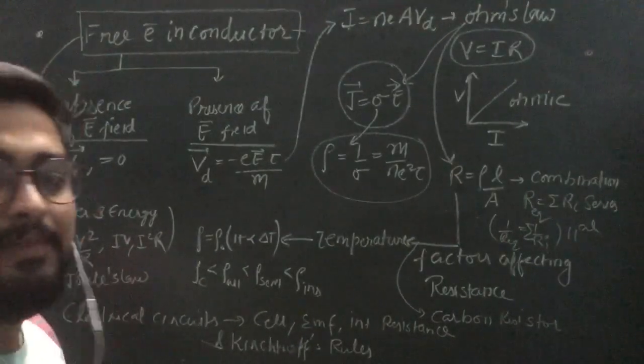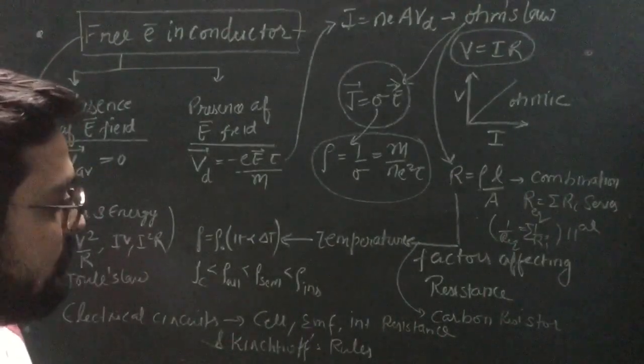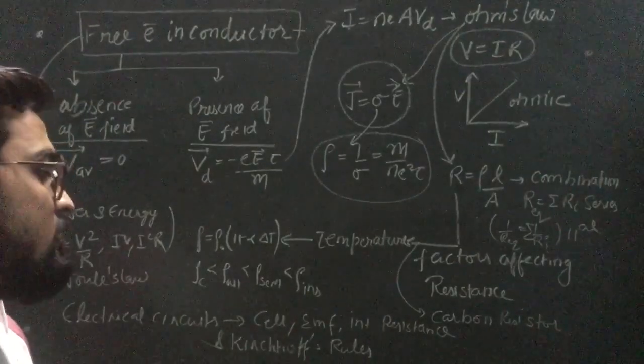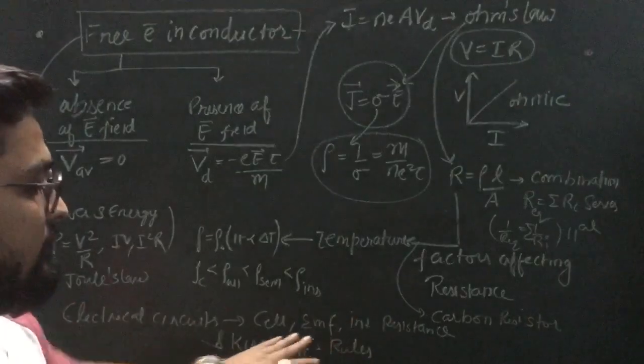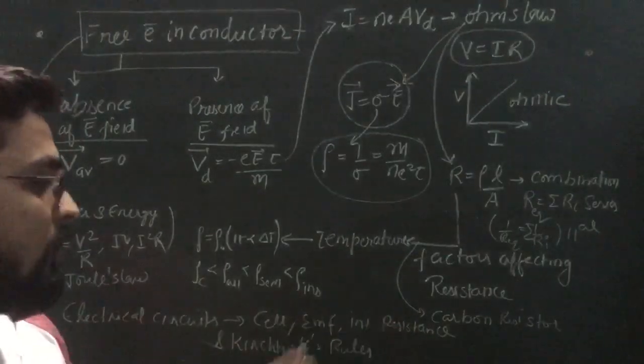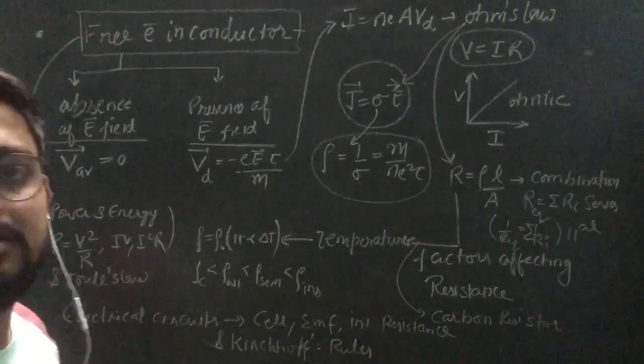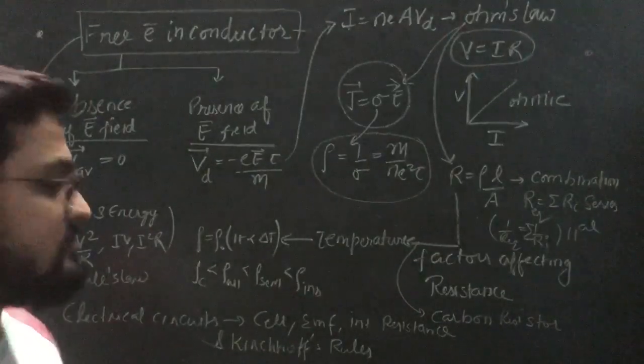Terminal potential is the maximum potential difference between the two electrodes when the circuit is closed or when current is passing through it. A relation was there between EMF, this terminal voltage, and internal resistance, that is V is equal to E minus IR.